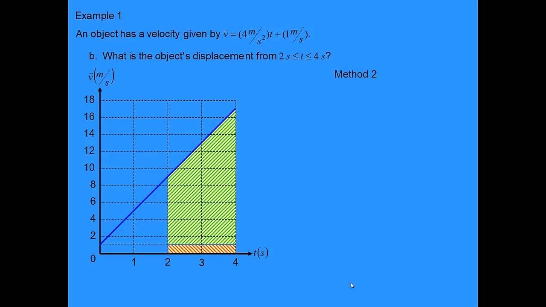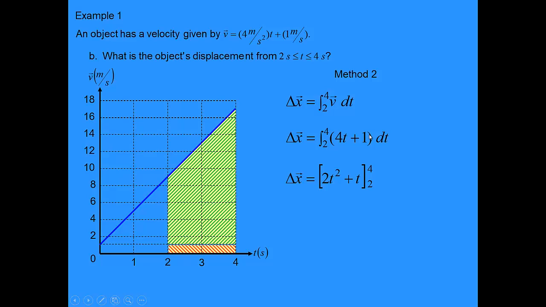Method 2, let's do the calculus. This would be the integral of the velocity with respect to time evaluated from 2 to 4 seconds. Well, the function is 4t plus 1. If we take the integral of that, we already know what the integral is, right? It's 2t squared plus t. Add 1 to the exponent, divide by the new exponent.